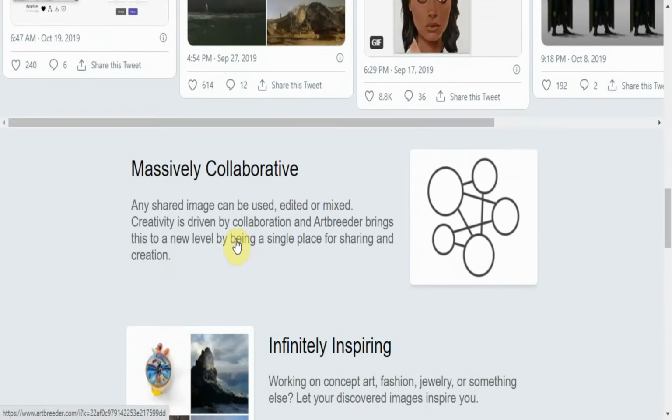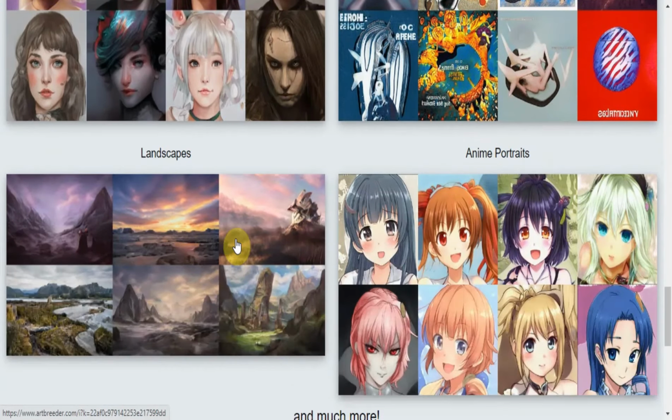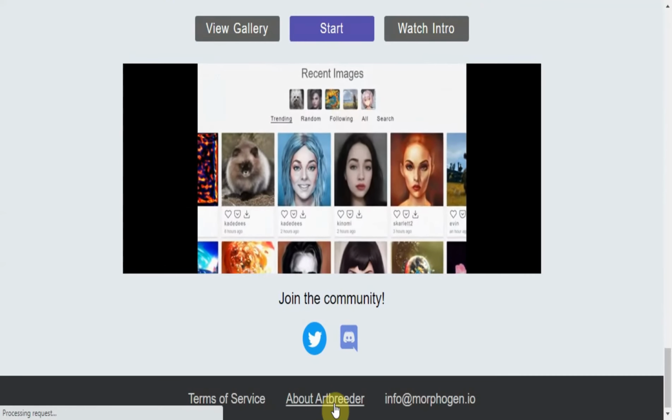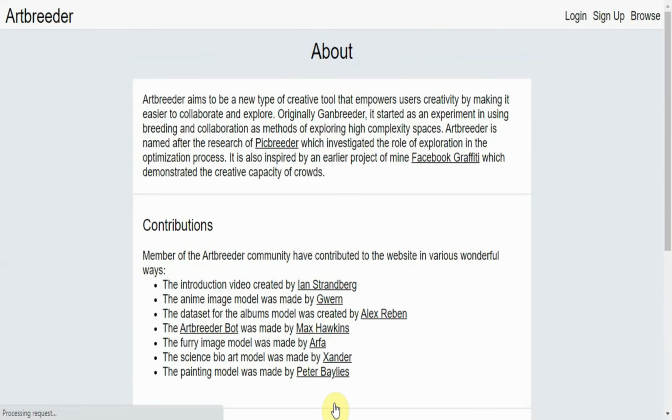Now, about Artbreeder. Artbreeder aims to be a new type of creative tool that empowers users' creativity by making it easier to collaborate and explore. Originally, Breeder. It started as an experiment in using breeding and collaboration as methods of exploring high complexity spaces.